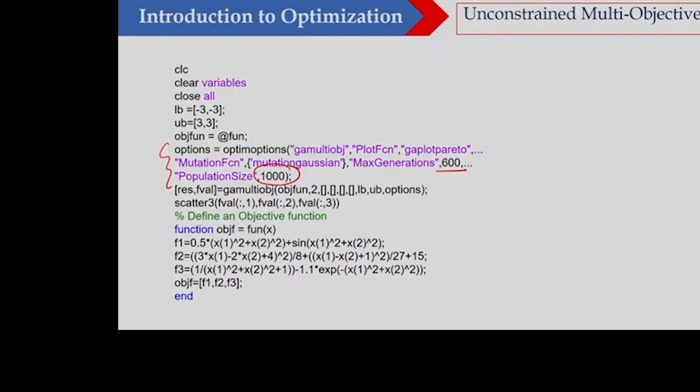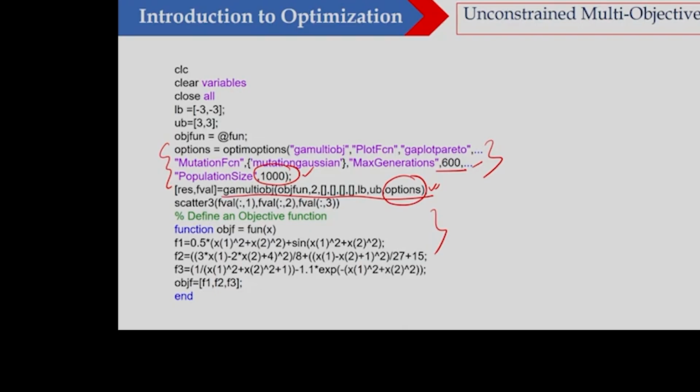If you want you can also change the generations. What change do you have to make on this particular line, the multi objective genetic algorithm function? I have to put this option here, and then these options will be taken. Now, if I execute this particular M file, I will get the continuous Pareto optimal front.